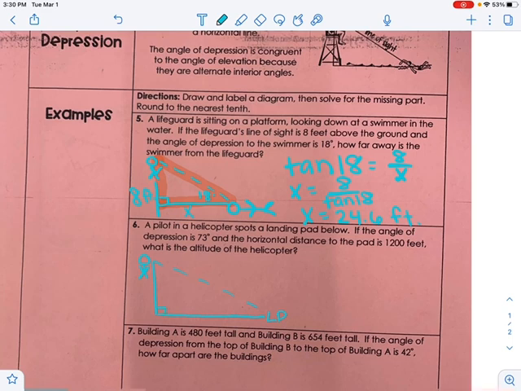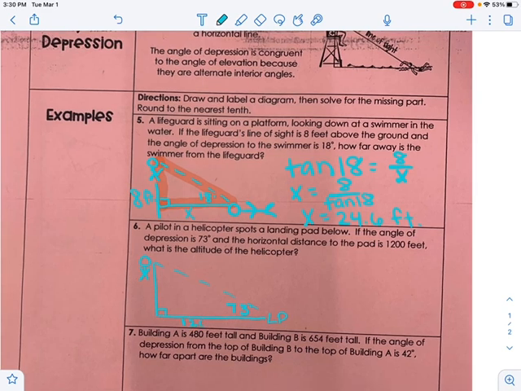And the angle of depression is 73, so the angle of depression is at the object that they're looking at. And the horizontal distance is 1,200 feet, not 12,000. And we want to know the altitude of the helicopter, which means we are looking for the vertical height.